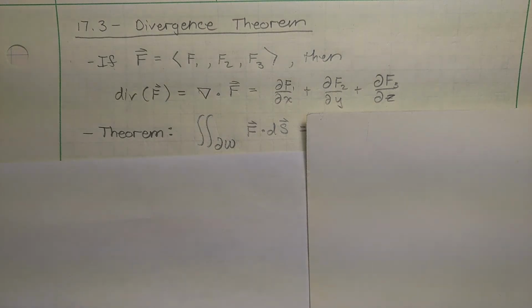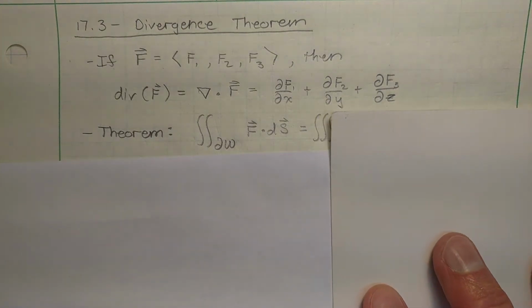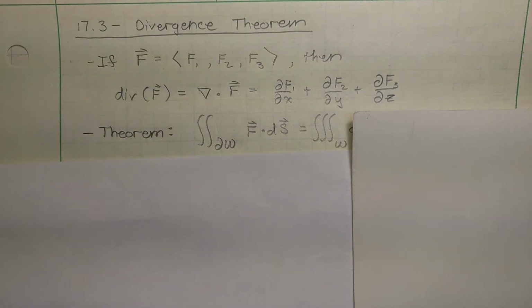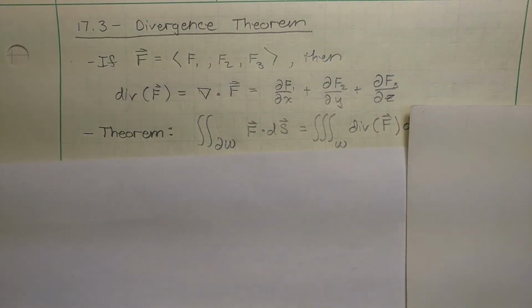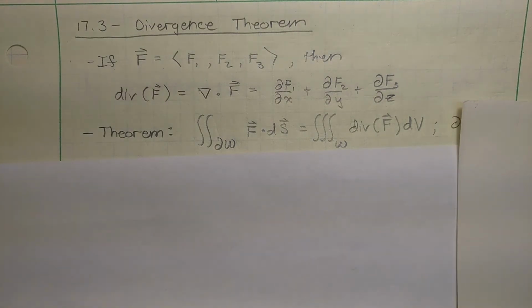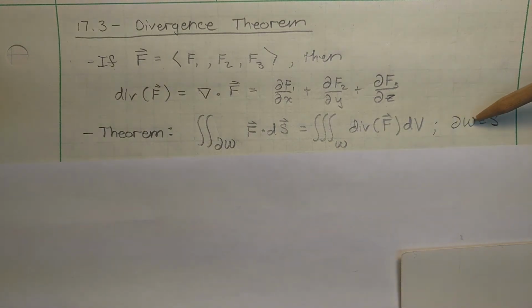If we take the double integral over the boundary of this space of the vector field F dotted with dS, then we can express that as a triple integral over the region W, remember that's a three-dimensional region, of the divergence of F dV. In the relationship here between W, the boundary of W, and S, this S is the surface.